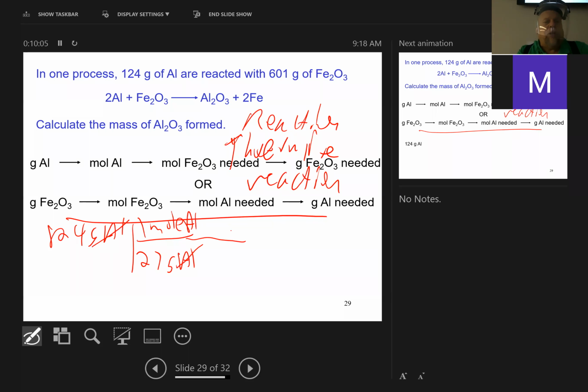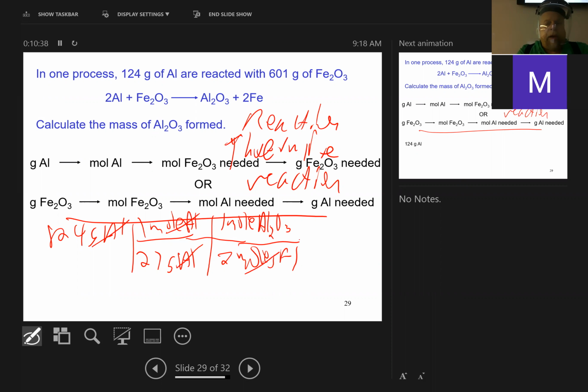Now, what's the molar ratio between the aluminum and the other one on the other side? Between the moles of aluminum on one side and the aluminum oxide on the other. You have 2 moles of aluminum gives 1 mole of aluminum oxide. Okay, what cancels? Well, the moles of aluminum cancel.